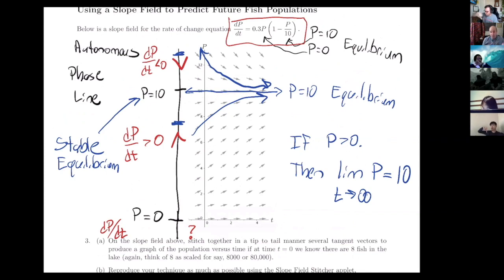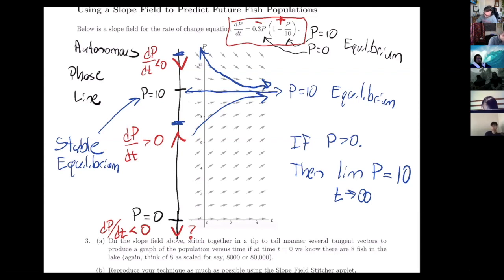Okay, yeah, so that's going to be negative, right? Plugging in a negative value of p, this first factor would be negative. This second factor is going to be positive. And that's what gives us a negative times a positive, which makes it negative. So down here, the arrow should be pointing down.